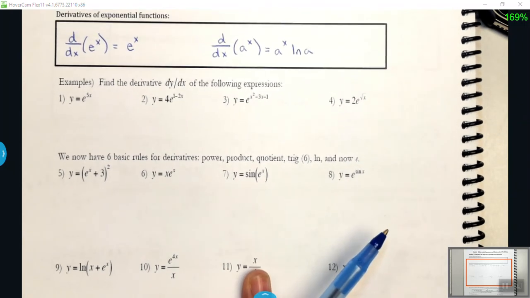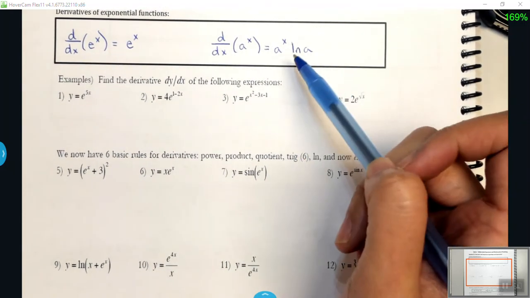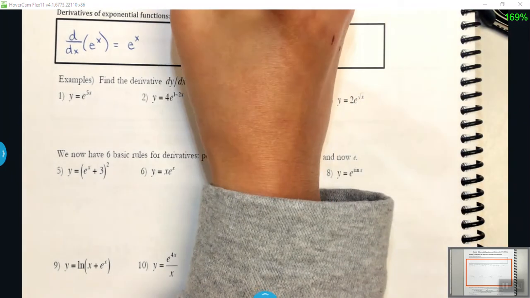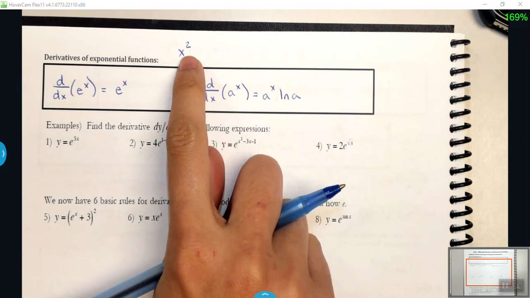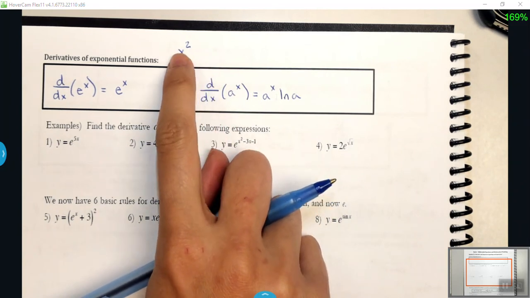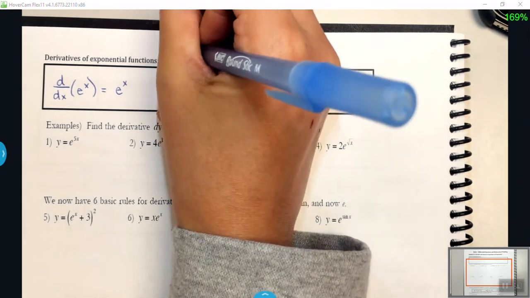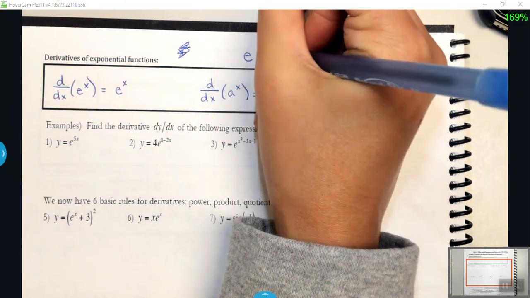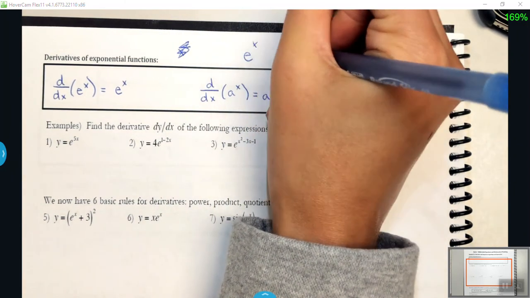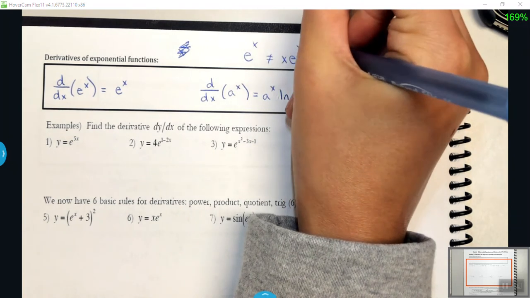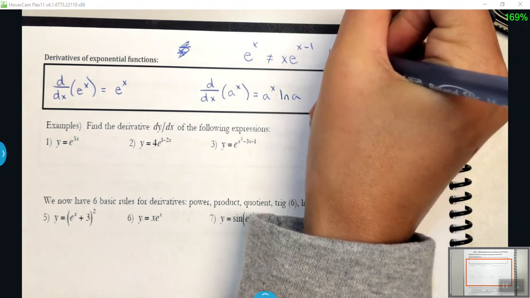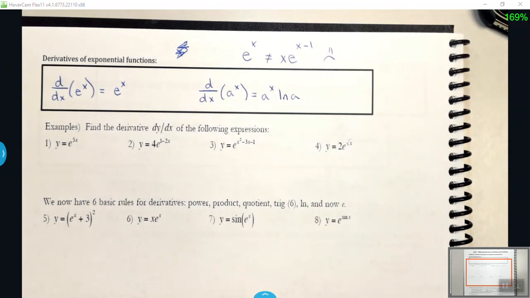Okay, so anytime you have like x squared, you can take the derivative, 2x to the 1. But if you see like e to the x, don't do x e to the x minus 1. This is very bad and very sad.